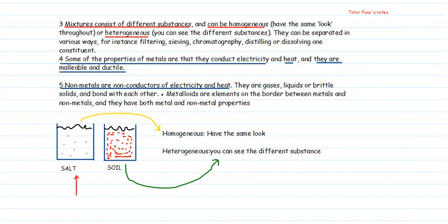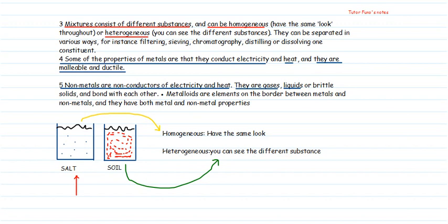Okay, continue. Number 5, non-metals are non-conductors of electricity and heat. Think of a broom, the wood cannot conduct electricity. There are gases, and a gas cannot conduct. But here I'm skeptical, because as time goes by, you will learn that water is a good conductor, because if I put a strong voltage wire inside the water and ask you to touch that water, believe me, you're going to get shocked.